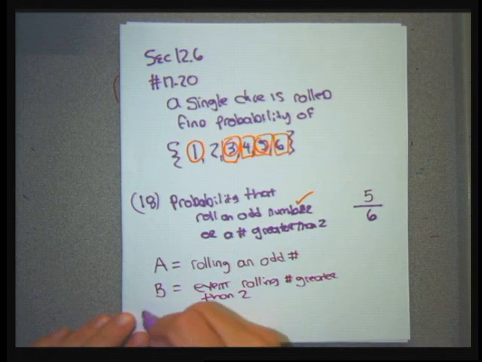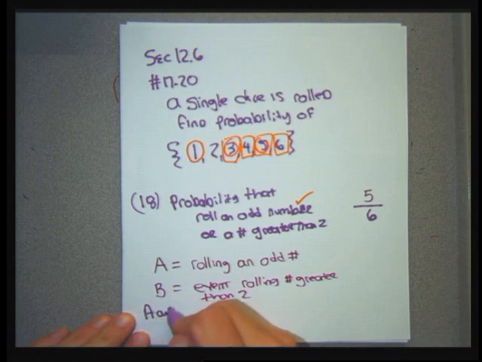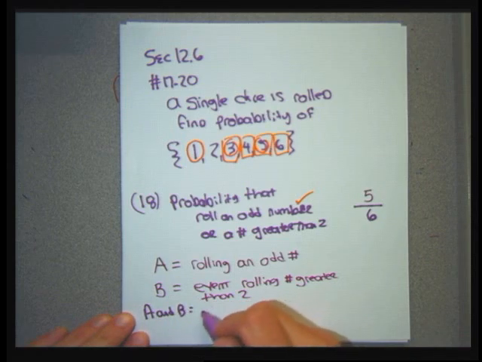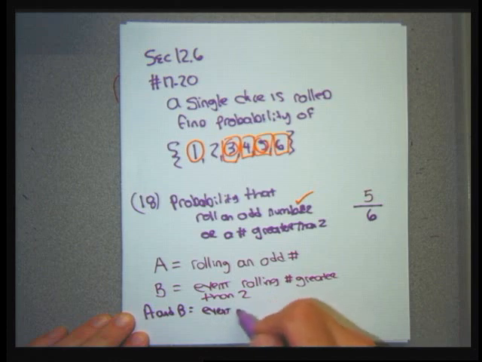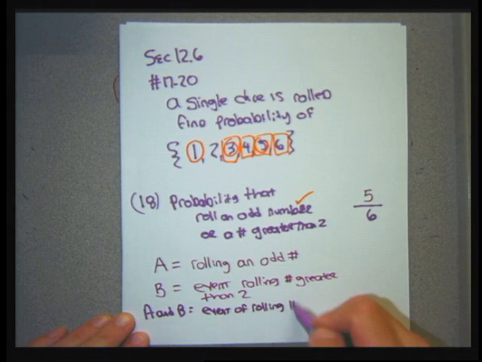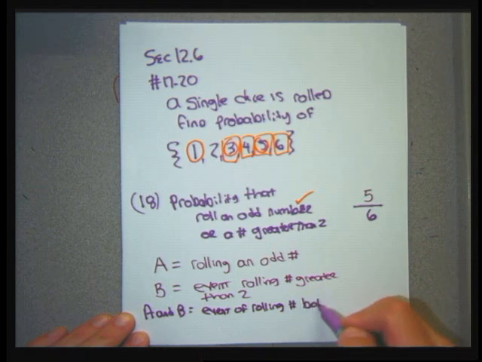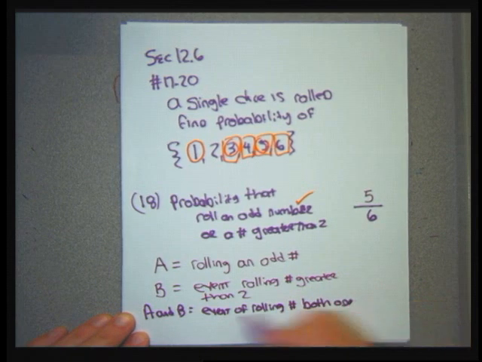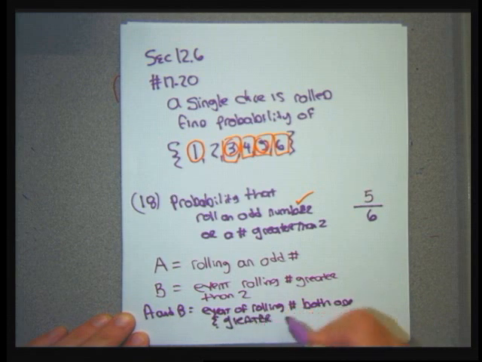I'm going to say A and B is the event of rolling a number that's both odd and greater than 2.